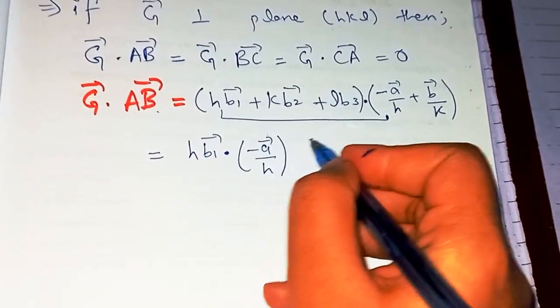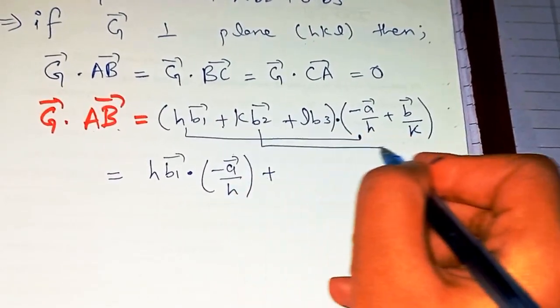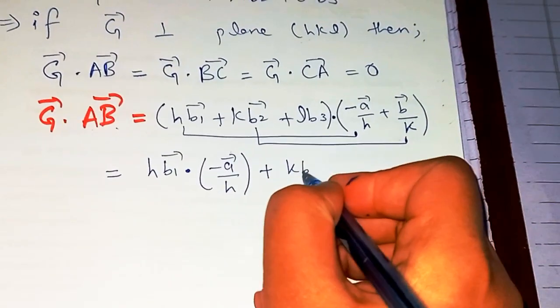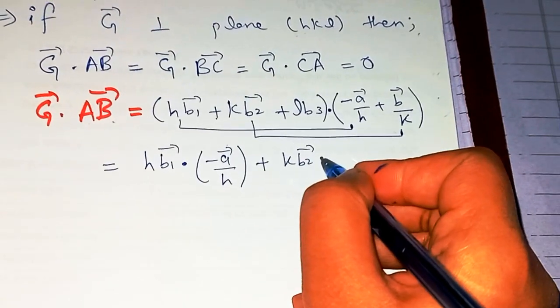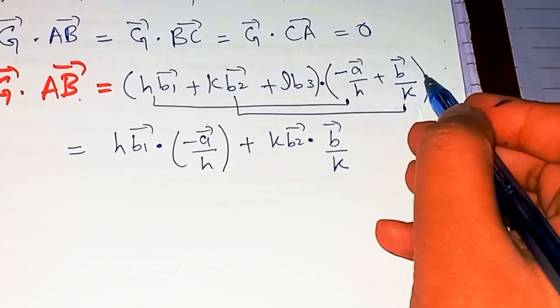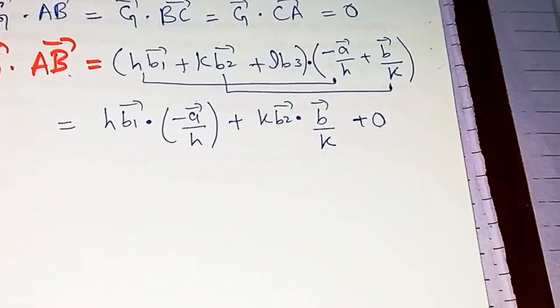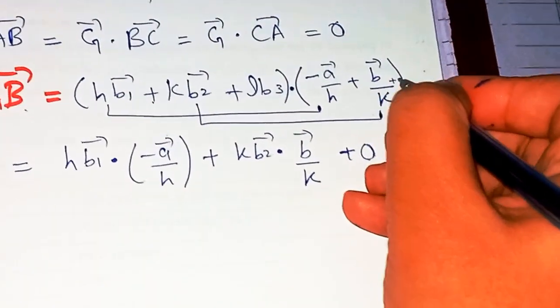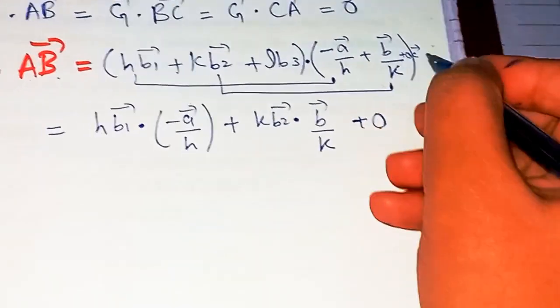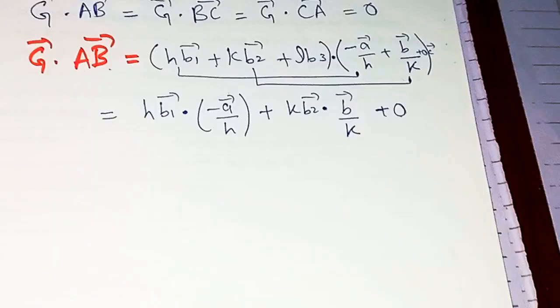That is how you are supposed to write. Then plus sign, k b2 with B, k b2 vector dot b vector by k, and since C is 0, this component automatically becomes 0. You can even do it by writing 0 c vector in here, so it's multiplied and it's 0 ultimately, so you don't need to write it.